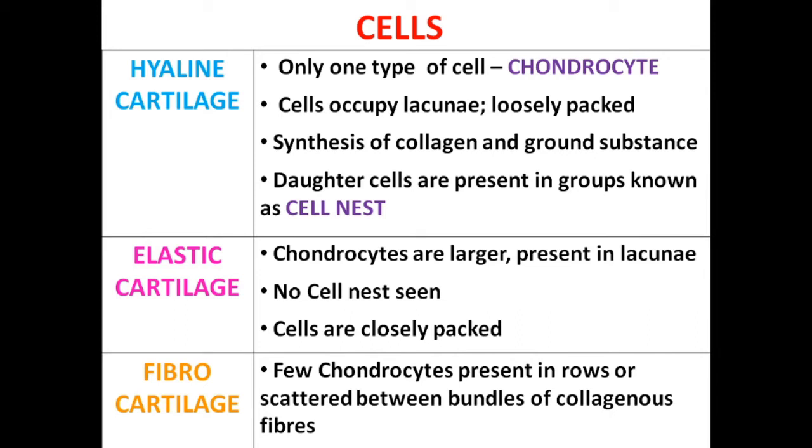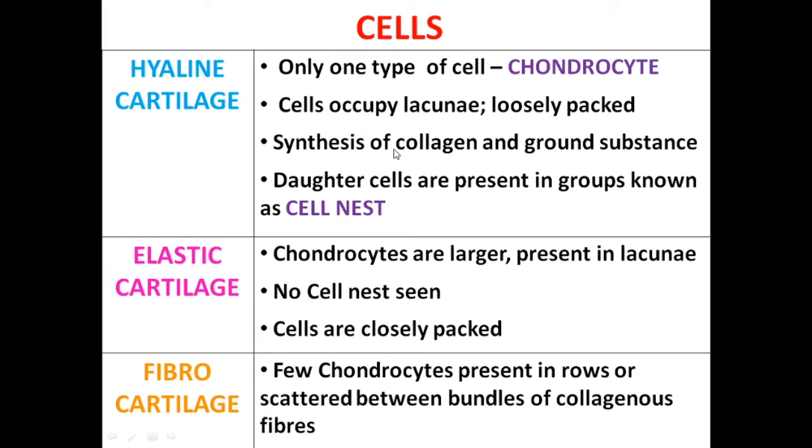There will be no cell nest present, and the cells are packed very closely and tightly, so very little intercellular matrix is seen. In case of fibrocartilage, there are only a few chondrocytes present, which are either arranged in rows or scattered between the bundles of collagenous fibers. So this is how the arrangement of cells is.